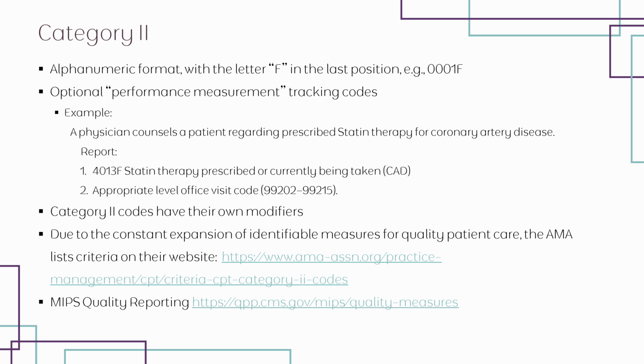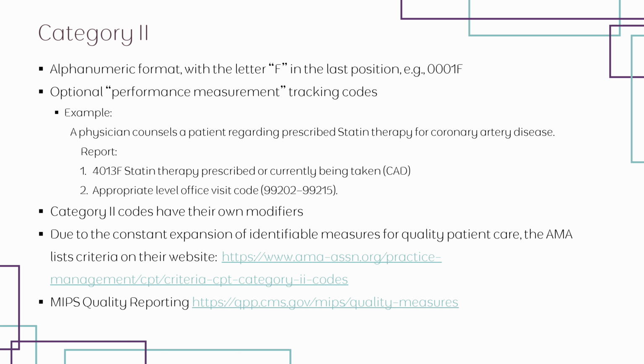They were developed as performance measurement tracking codes to help facilitate the collection of data on the quality of care that is being delivered. Both the AMA and the CMS use this data to assess and monitor healthcare outcomes across different providers and care settings.